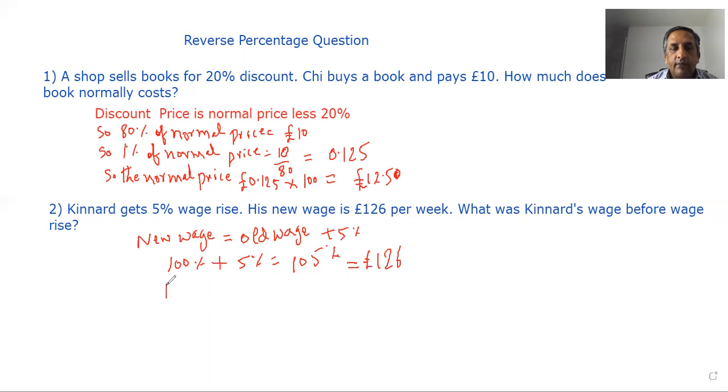So 1% of the old wage is 126 divided by 105, because that was the 105%.